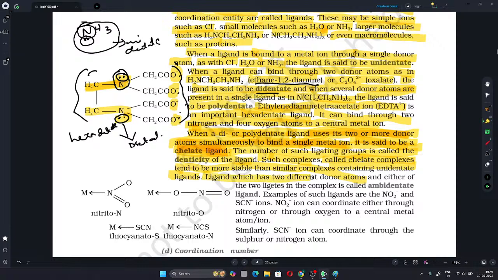A ligand which has 2 different donor atoms, and either of the 2 ligates in the complex, is called ambidentate.